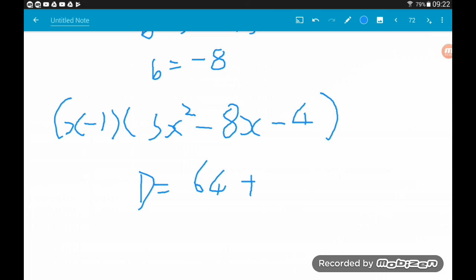So 64 plus, well, 4 times 5 is 20, times 4 is 80. The reason that we got a positive there is we're doing minus 4 times 5, which is minus 20, times minus 4 is positive 80. So we only really care that it is greater than 0. So that does mean there are 2 real solutions.